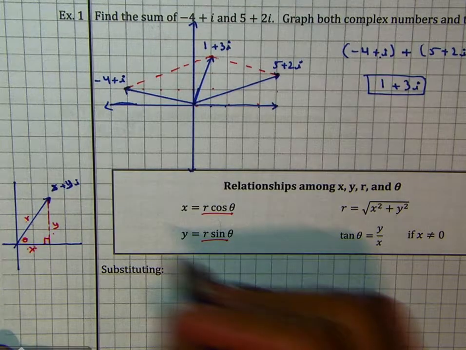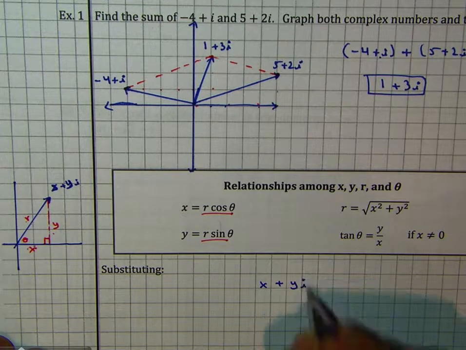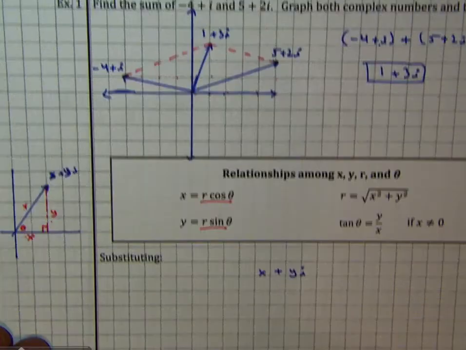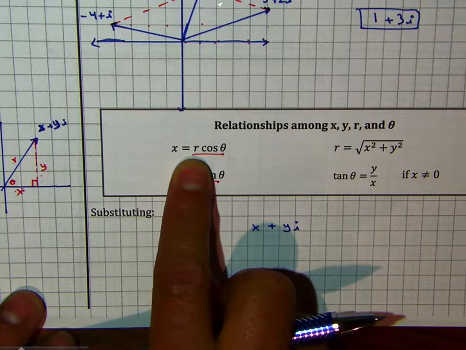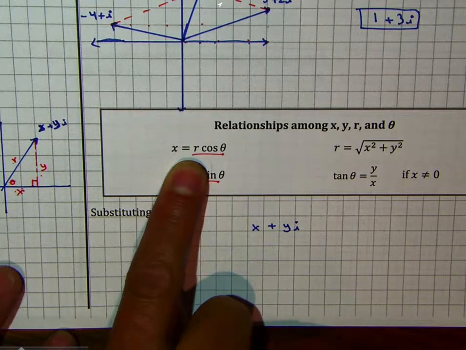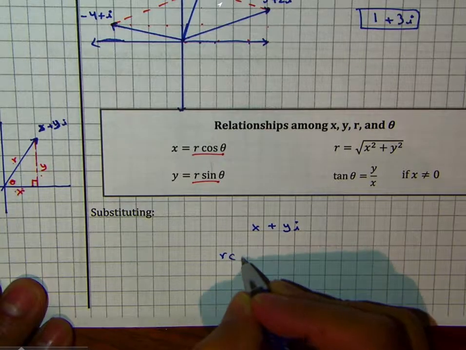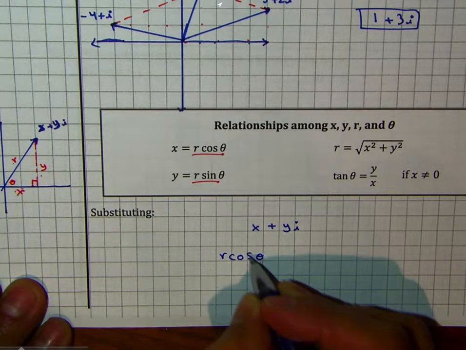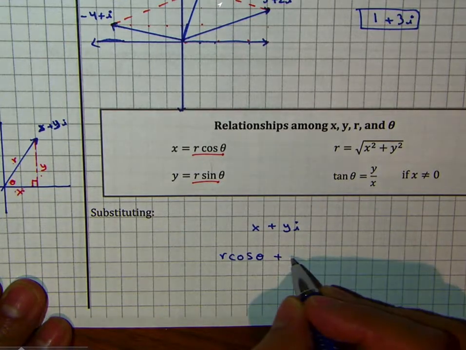So therefore, if I have x plus yi, I can replace my x with the value of x, which is r cosine theta, plus y will be r sine theta.